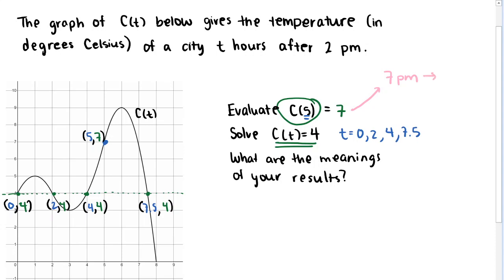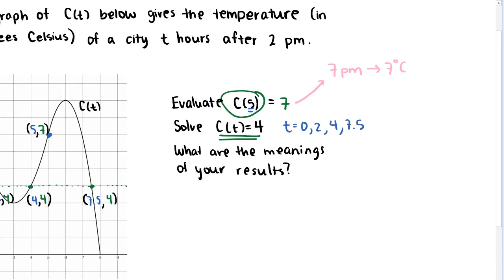It was 7 degrees Celsius in the city. That's what c of 5 is equal to 7 means: 5 hours after 2 p.m., that's what the input means, the city was 7 degrees Celsius.